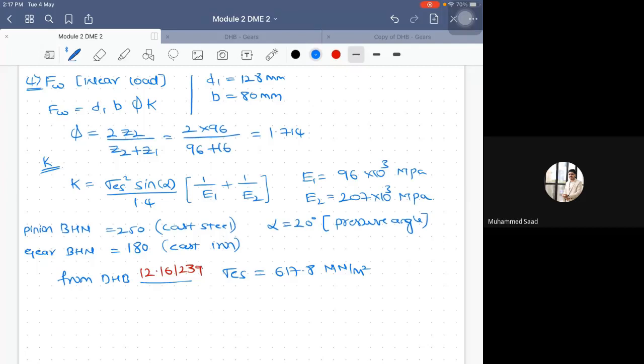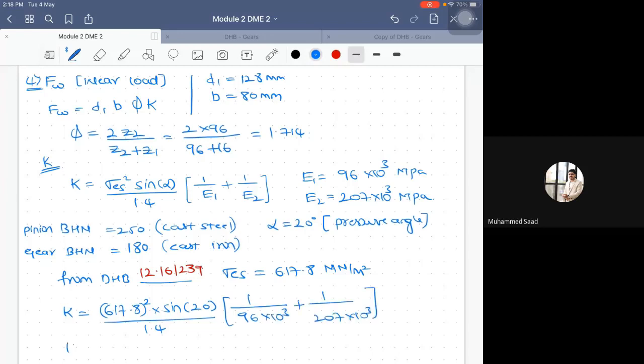Now substitute the values to calculate the value of K. Sigma es, how much? 617.8, whole square, which we have taken from table 12.16, cross sine of alpha, alpha is 20 degrees, divided by 1.4 into 1 divided by E1, which is 96 cross 10 to the power of 3, plus E2, which is 207 cross 10 to the power of 3. Just substitute and give me the value of K.